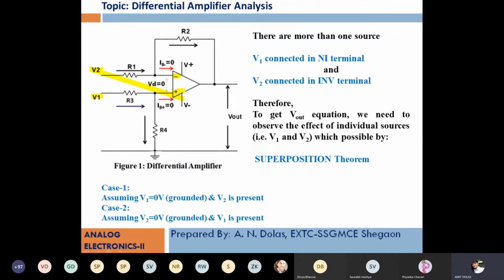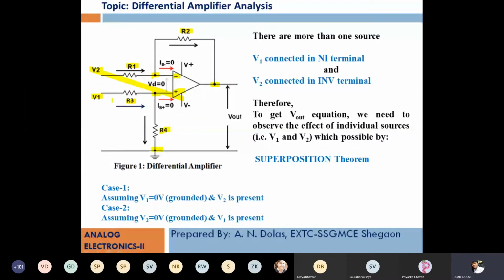One input resistance R1 is connected between the source V2 and the inverting terminal of the op-amp. Similarly, this network is identical. You can see R4 is connected between the non-inverting terminal and the ground, and one more resistance, the input resistance to V1, that is R3, is connected between source V1 and the non-inverting terminal of the operational amplifier.